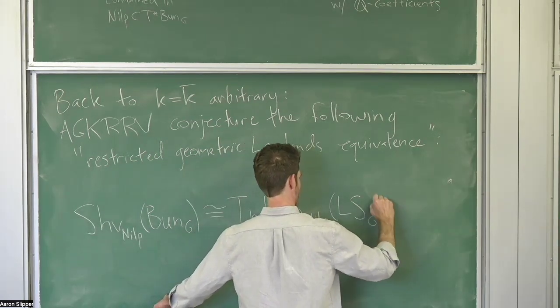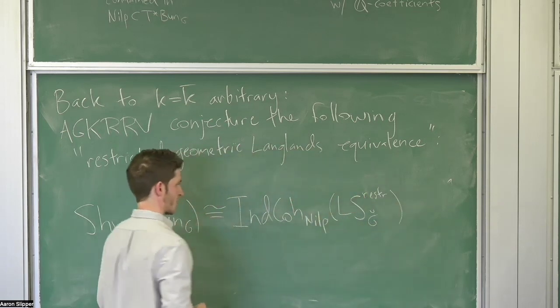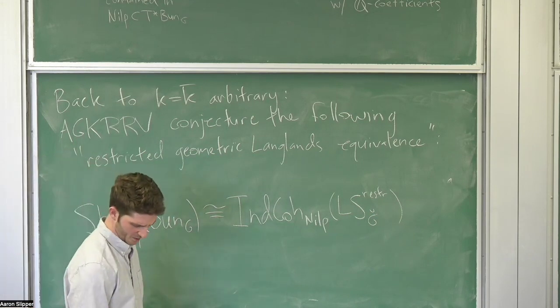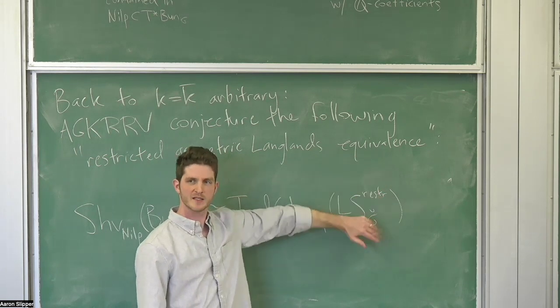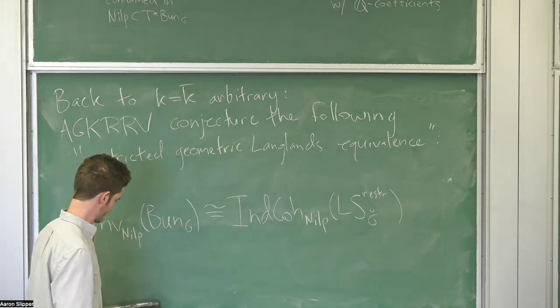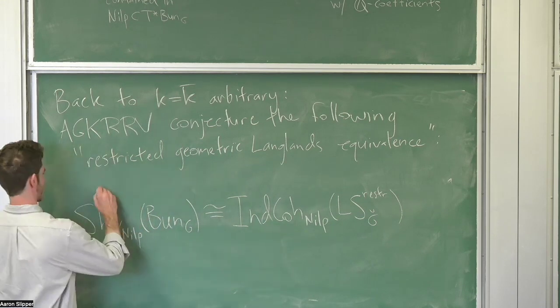The new gadget that appears here is this so-called restricted Ǧ-local systems, local systems with restricted variation. I'll comment a little bit more on what this thing looks like, but part of what I want to do in this talk is take as a black box the existence of such a thing, okay, and see what kind of consequences we can draw. So, okay, first of all, what are these symbols in this case?